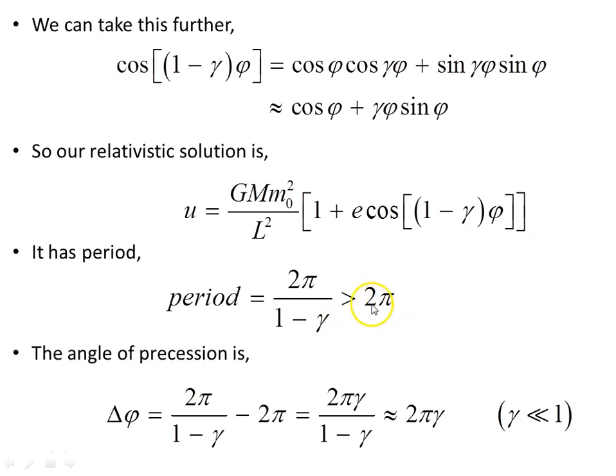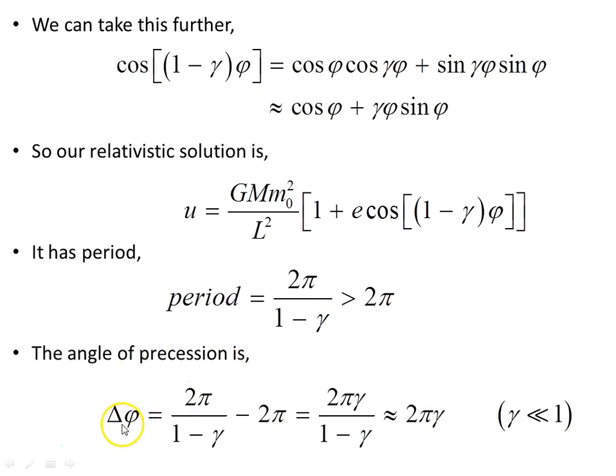So there's a suggestion there that the orbit just doesn't close, because 2 pi on 1 minus gamma is going to be greater than 2 pi, and so the period can't close. It's not going to be like the Newtonian case where the solution repeats itself every 2 pi, and you simply have the same ellipse each time. This ellipse is going to rotate because it's never going to close on itself properly.